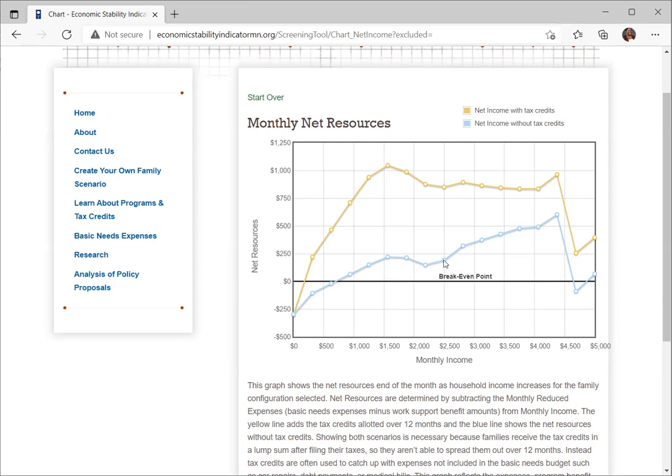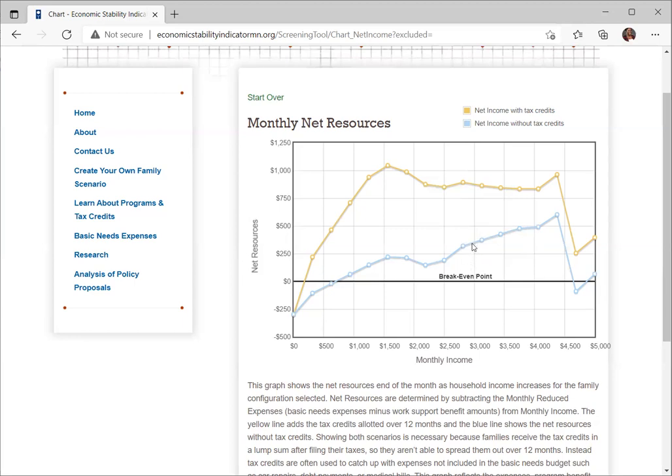Even when they're at about $2,500, which is almost a $1,000 increase in their income, you cannot see the full value of that increase. You see half of that value of that increase in income because the rest of their benefits are decreasing over time. So even though they have an increase in income, you don't see a huge increase in what's left over for them because of the decreases that are occurring within those benefits.